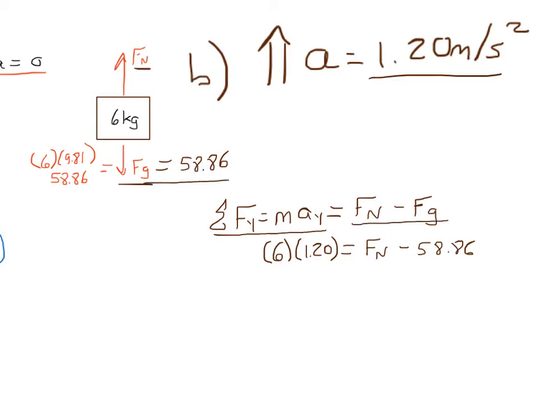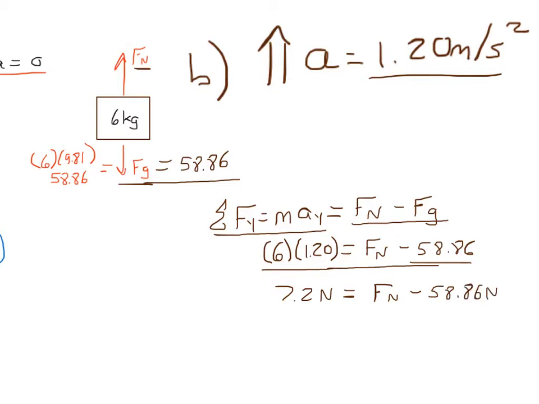Our force of gravity is still going to stay 58.86 because the mass didn't change, and force of gravity is mass times gravity, so we don't have to change that. So our equation becomes 6 times 1.20 equals the normal force minus 58.86. We end up with 7.2 newtons is equal to the normal force minus 58.86 newtons.